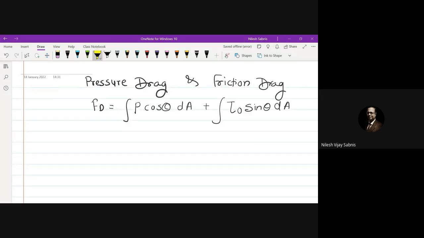In this equation, the first part is known as pressure drag, and the second part is known as friction drag.